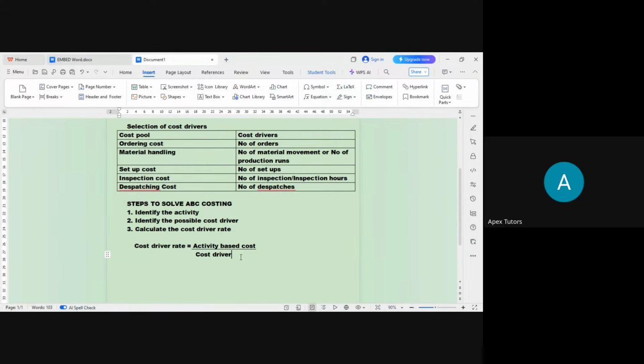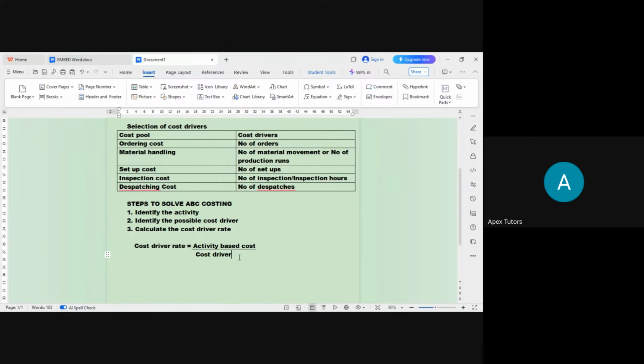Activity-based cost divided by the cost driver. So please take note of this. It's very important.